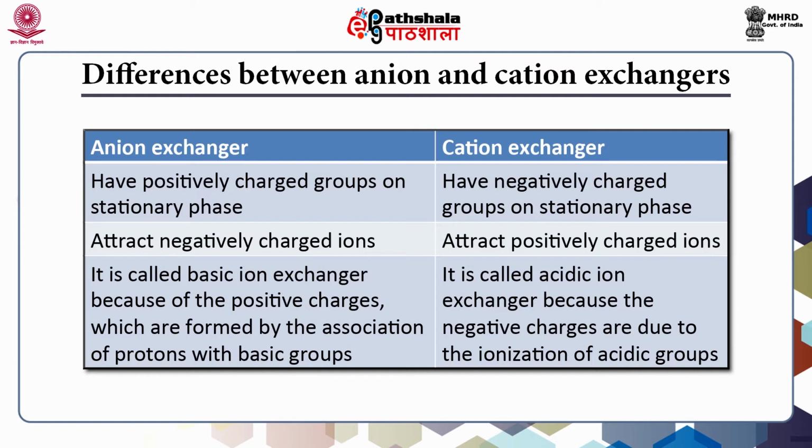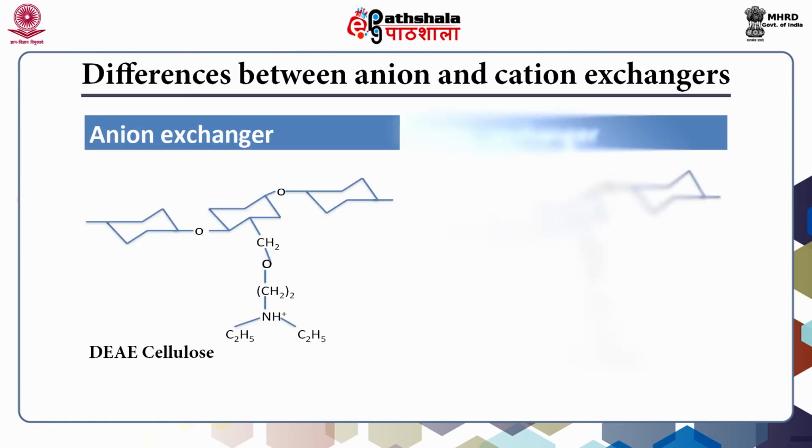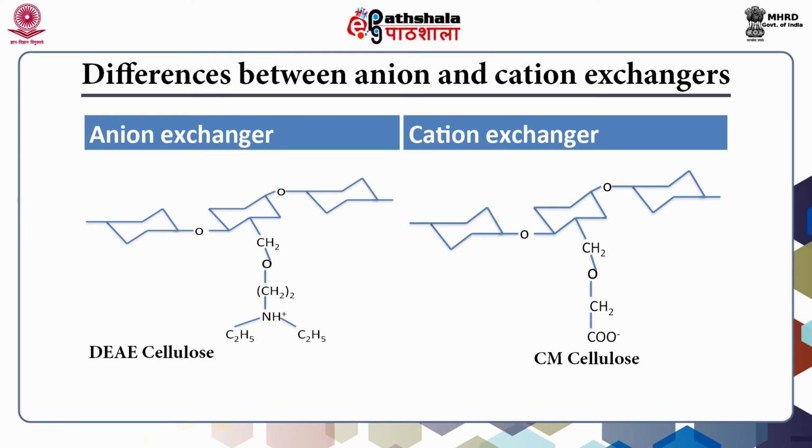We can see the examples of anion exchanger and cation exchanger. DEAE cellulose is considered as one of the best examples for anion exchanger. As we just now discussed, in the anion exchanger there is a positive charge on its surface.